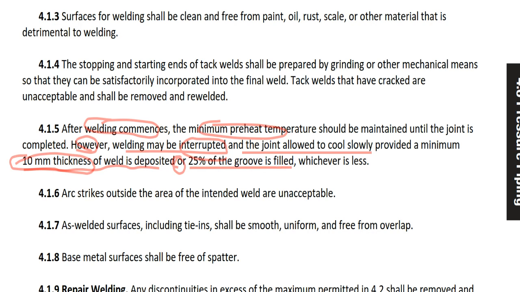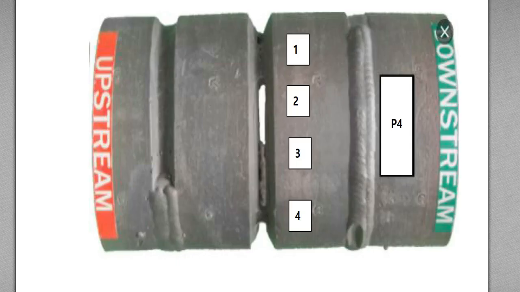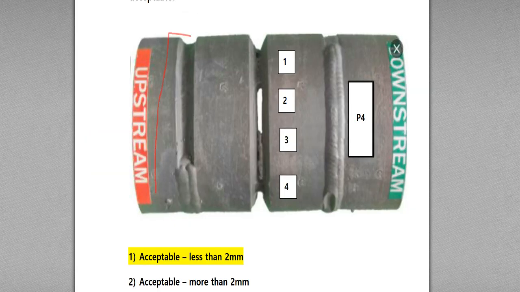So 4.1.5 is also important because it appears in the actual CWI Part B questions. The problem question is like this. A piping specimen is given with a joint like this, and you measure this empty surface, the thickness of the empty space of the joint.